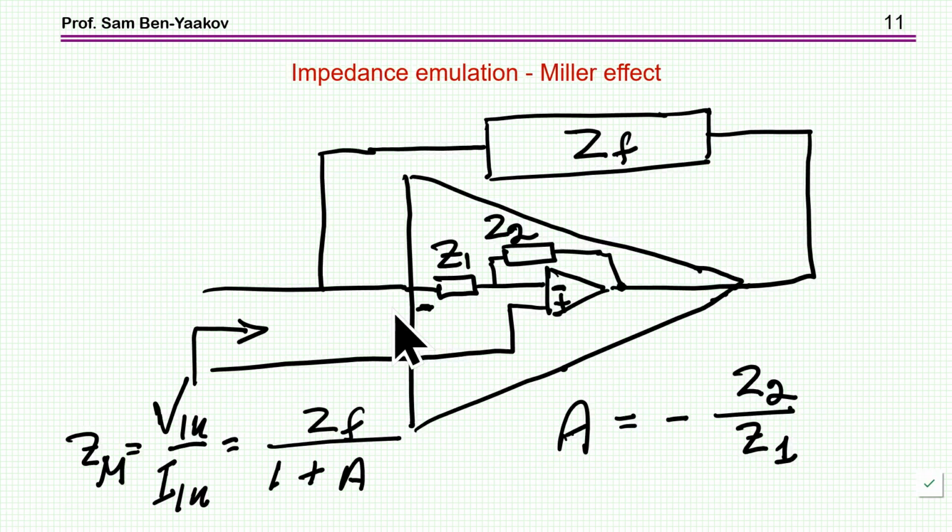Now the amplifier can be built around an operational amplifier with two impedances, Z sub 2 and Z sub 1. The gain is, of course, minus Z sub 2 over Z sub 1, because it's an inverting amplifier, and therefore the impedance seen at the input of the whole network is Z sub F divided by 1 plus A. This is very well known, and this is a way to emulate a low impedance.